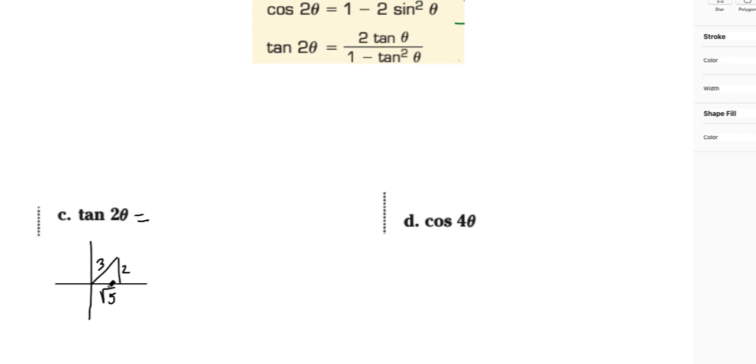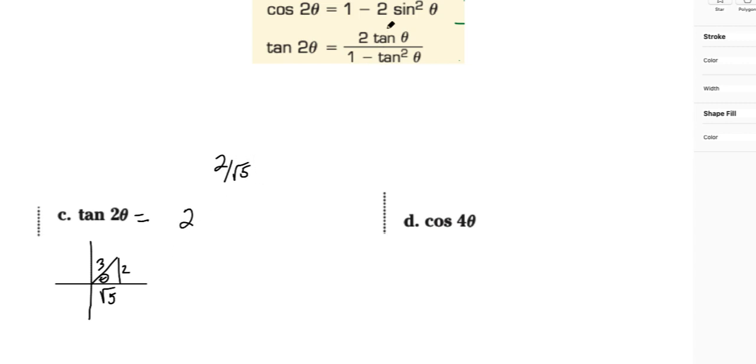And we know that tangent, back in the day when we were dealing with right angle trig, was simply going to be TOA, opposite over adjacent. So we know that the tangent of theta is going to be 2 over the square root of 5. And I know we don't love that because it's not rationalized, but I'm going to rock with that until we're done, and then we'll simplify it if we end up with a radical in the denominator.